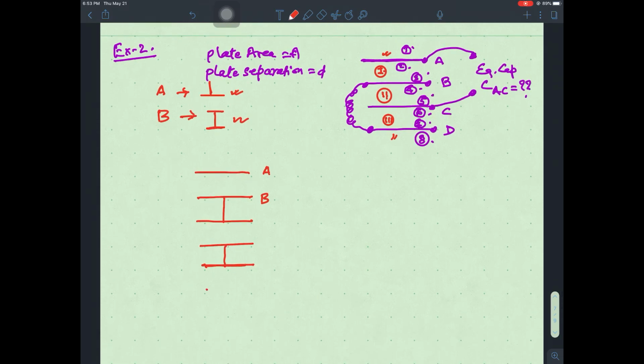And then plate D by this symbol. This is C, this is D.